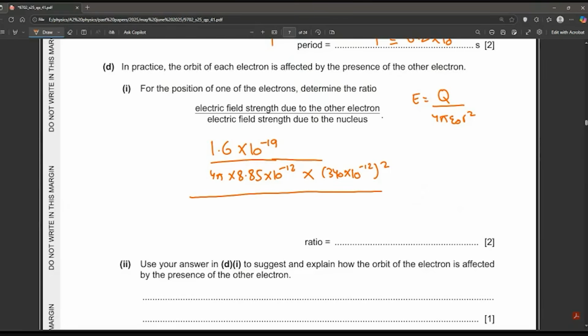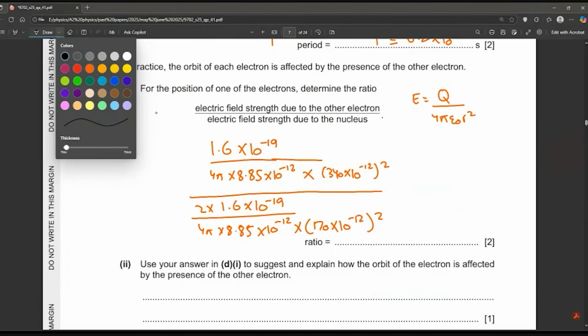How will you calculate that? What was the charge of the nucleus? 1.6 × 10^-19 multiplied by 2, divided by 4π × ε₀ (8.85 × 10^-12) into the separation, that is (170 × 10^-12) whole squared.